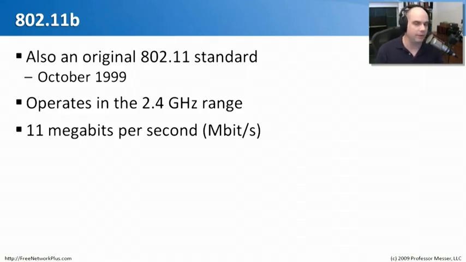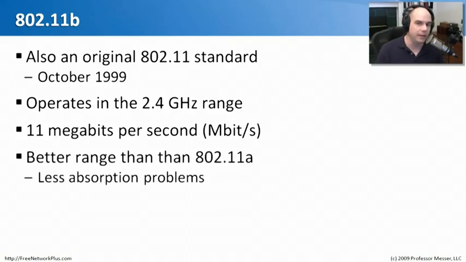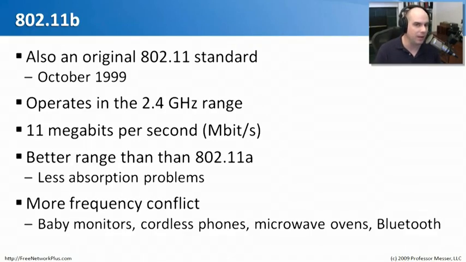So this was pretty good for a wireless communication, and many devices even today are still running 802.11b. Because it was running at 2.4 gigahertz, it didn't have to worry so much about absorption. So we got longer range than an 802.11a link. The problem, though, is there are a lot of devices running at 2.4 gigahertz.